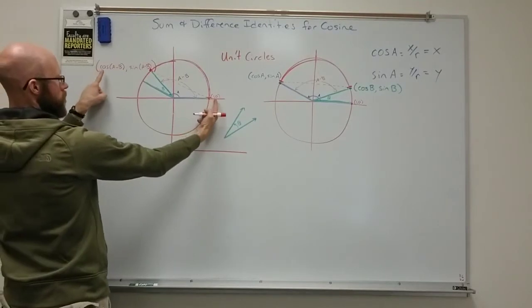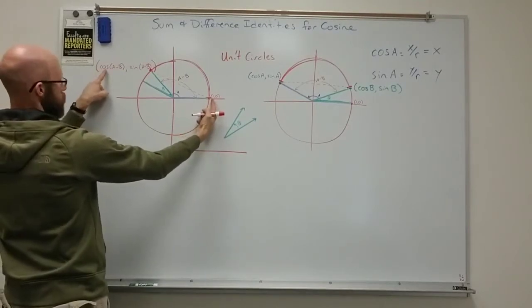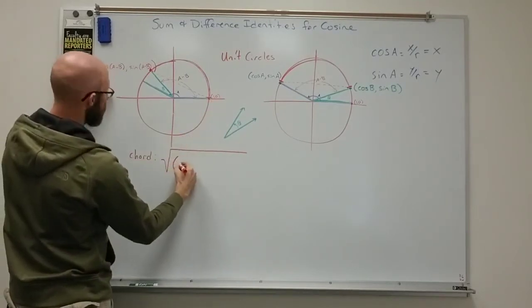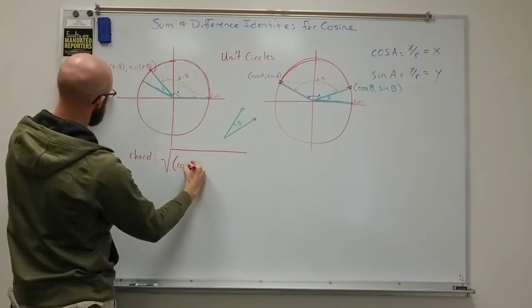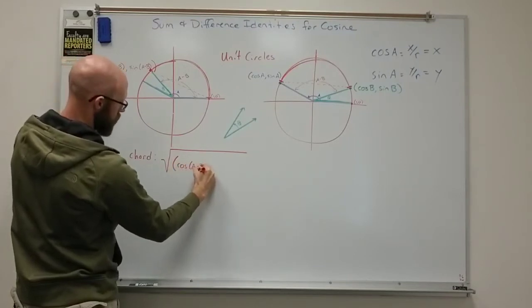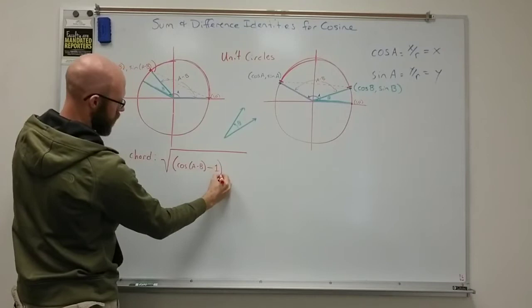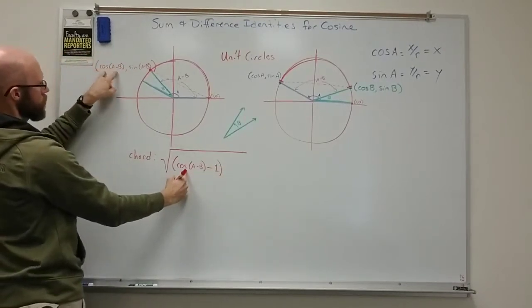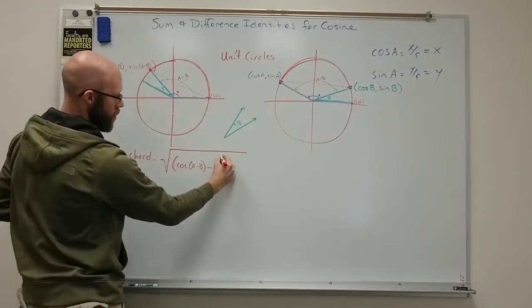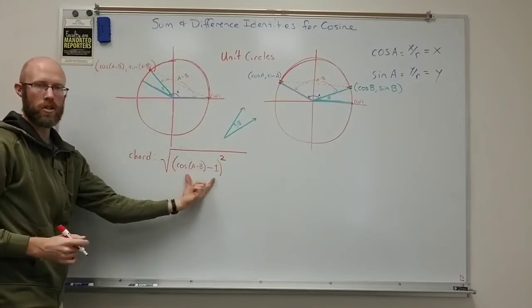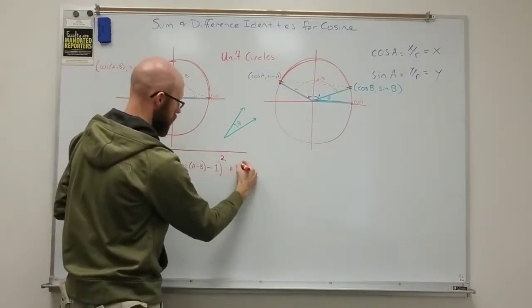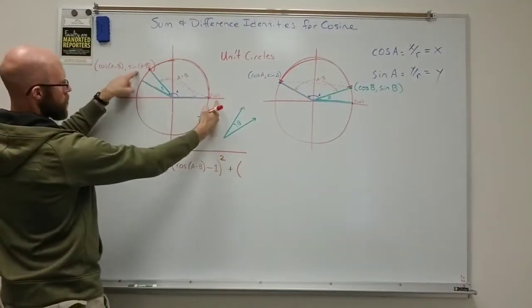So we want the change in the x's, which would be the cosine of (A minus B) minus 1. Right, that's the change in the x values, cosine(A minus B) and 1. Square that, so it's the change in the x's squared, plus the change in the y's squared.